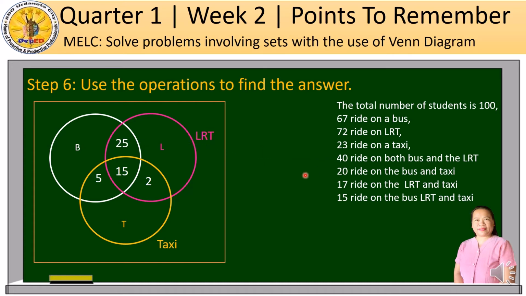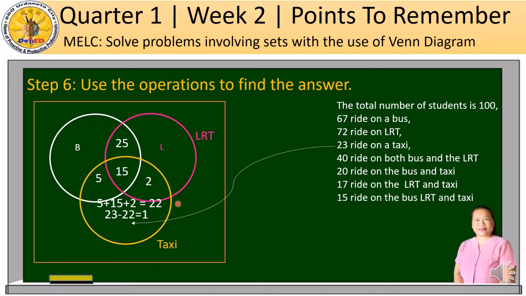Okay. So, now, we're going to get the number of students who ride on taxi only, LRT only, and bus only. So, unahin natin yung sa taxi muna. So, how are we going to obtain the number of students? So, ang gagawin po natin is we're going to add 5 plus 15 plus 2, ito po yun, that is equal to 22.